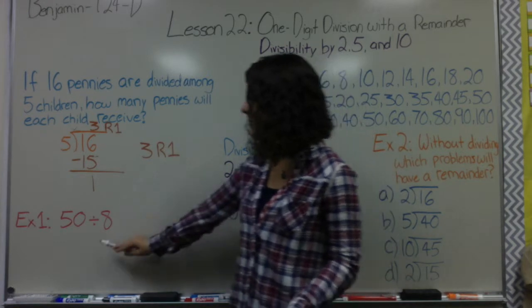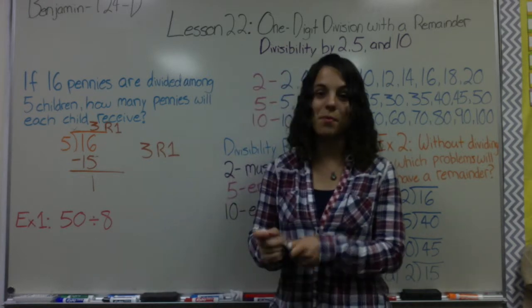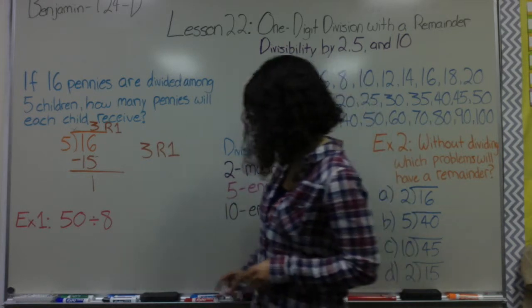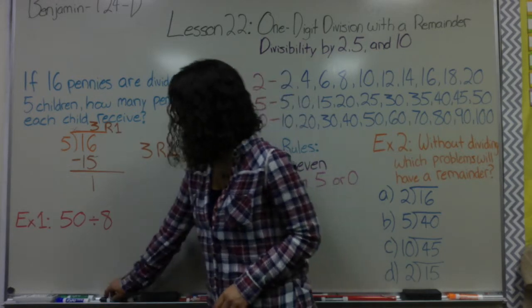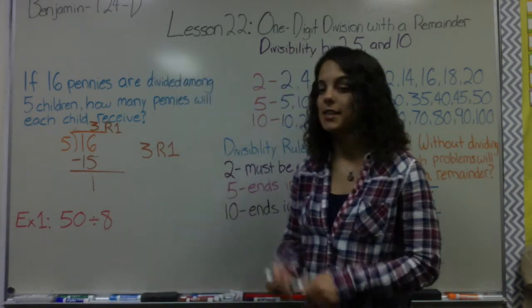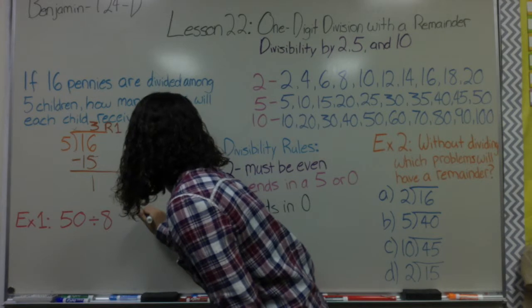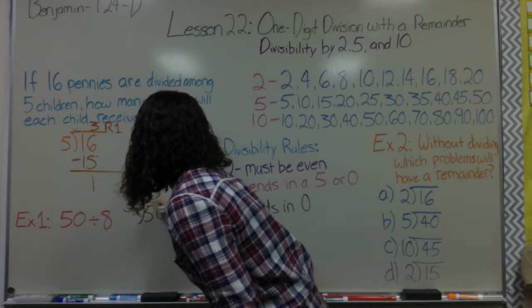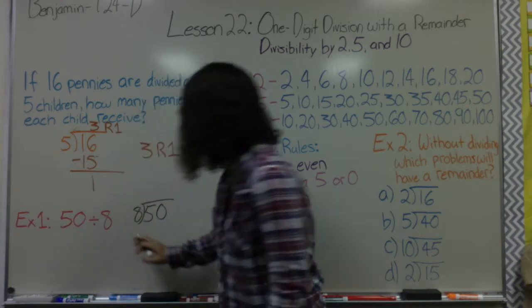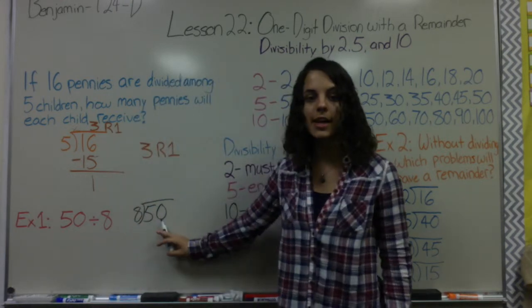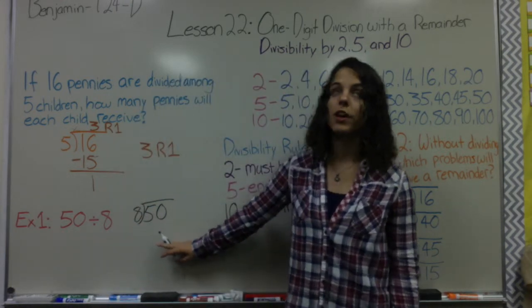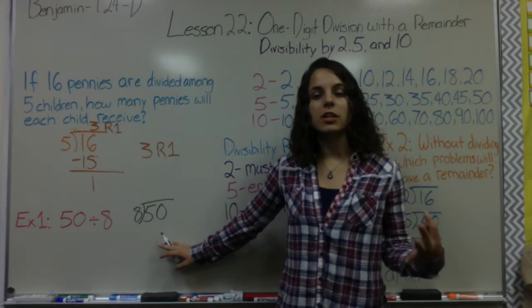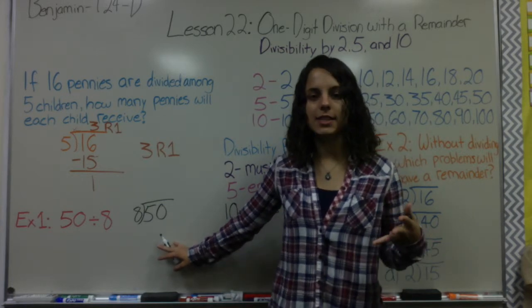Now, using that same step, I want you to go ahead and try example 1 in your notebook. 50 divided by 8. We'll set it up. I want to say how many times can 8 go into 50 without going over? I'm going to show you my thought process behind this division.